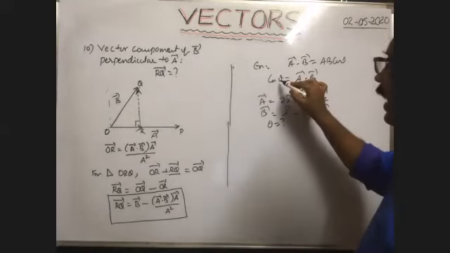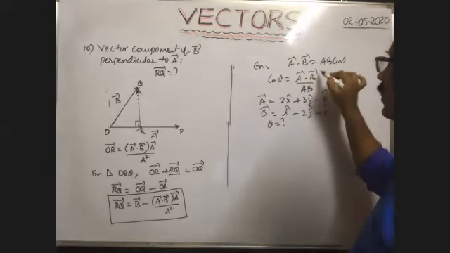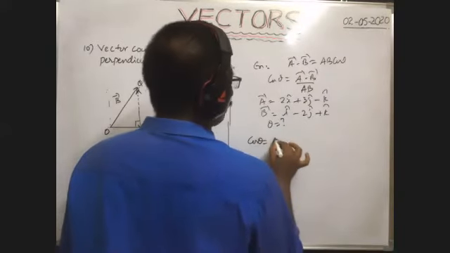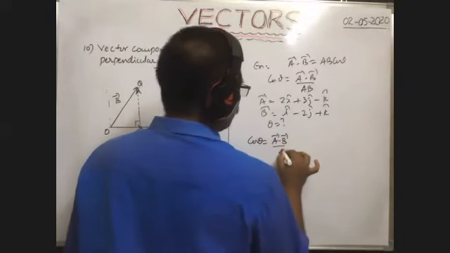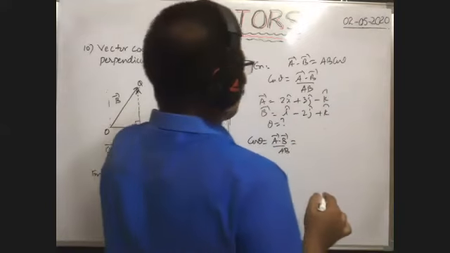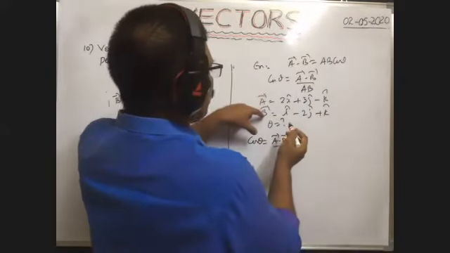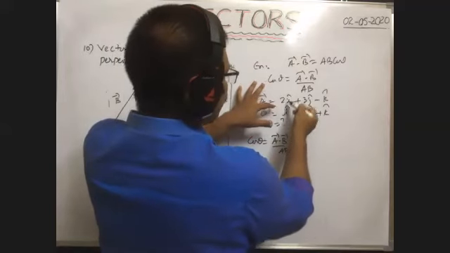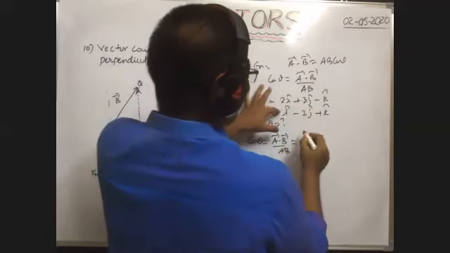To find the angle between them, we need the dot product of the two vectors, no? That means cos theta is equal to A bar dot B bar by AB. What is A bar dot B bar? The x components of the two vectors, the i cap coefficients, must be multiplied: 2 into 1, 2.